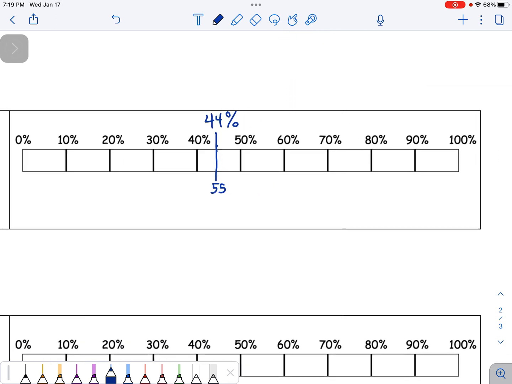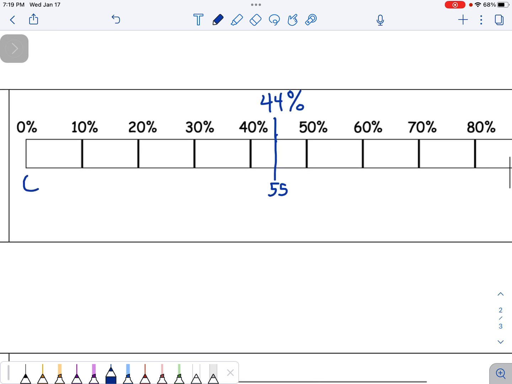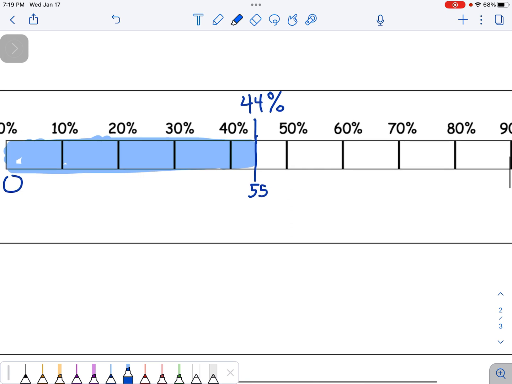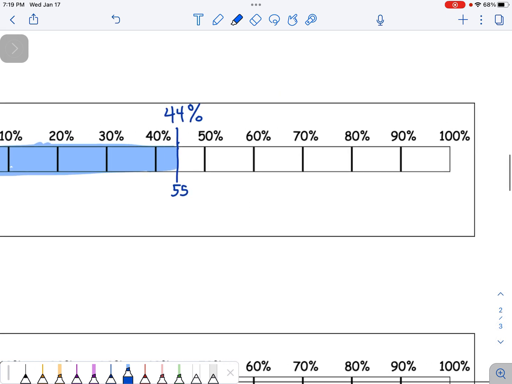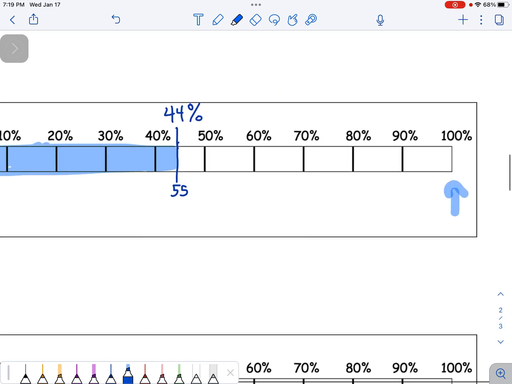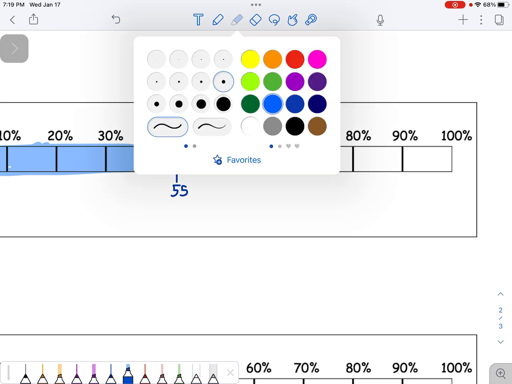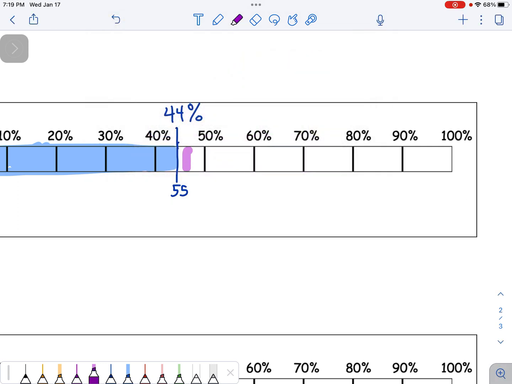Right? So this chunk, this big blue chunk here, all of it together equals 55. So if from here to here is 55, what number makes sense to have at the end? Well, I can see that this extra chunk left over is bigger.